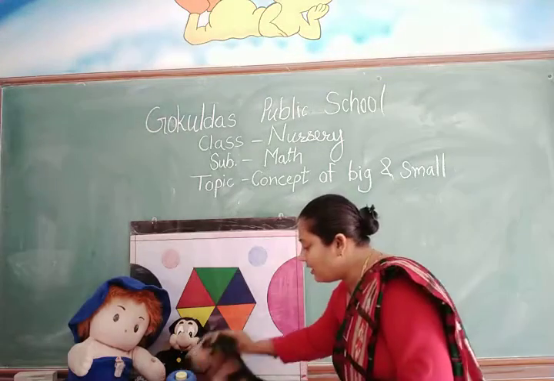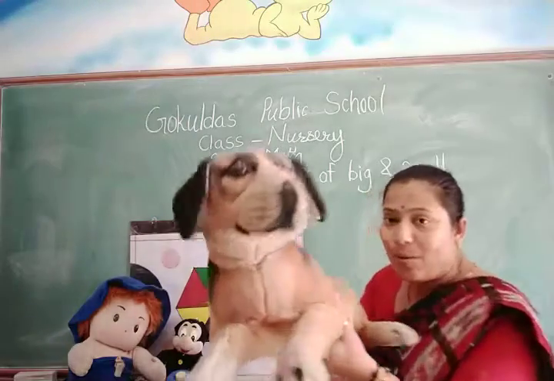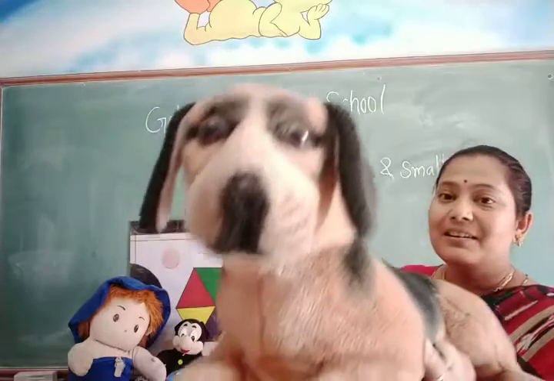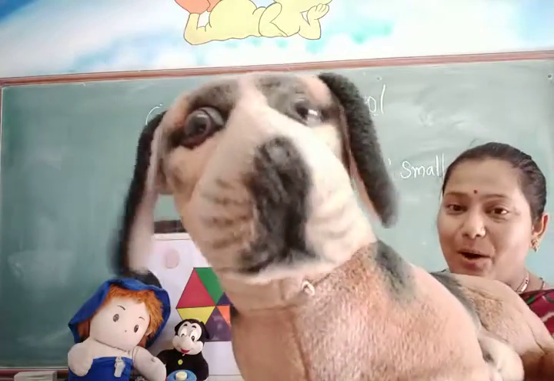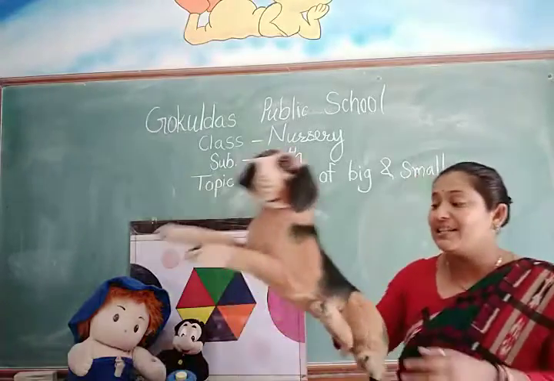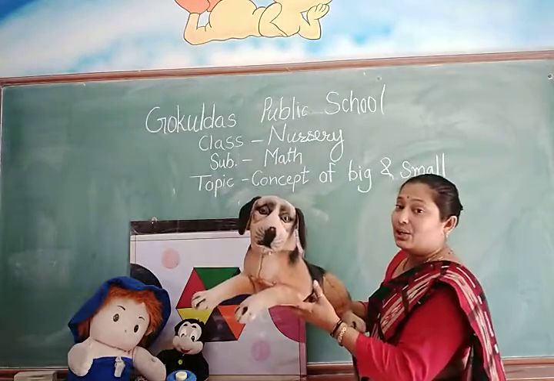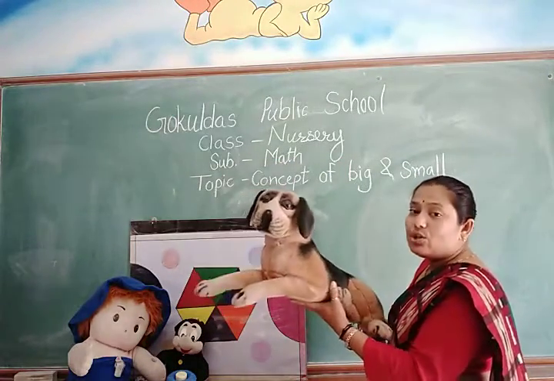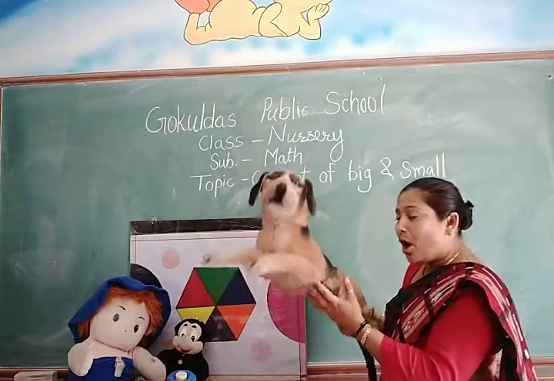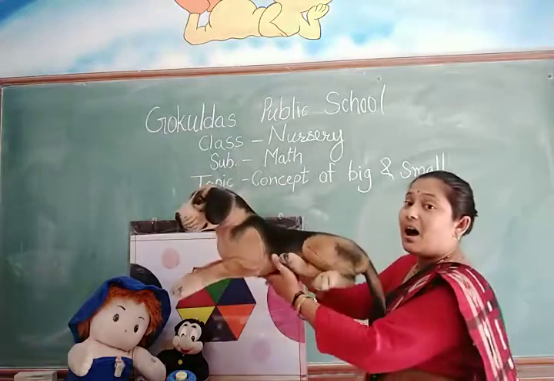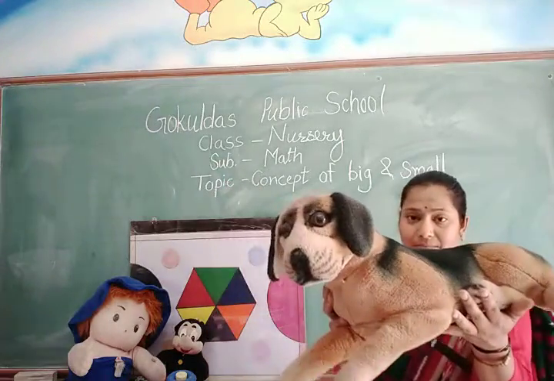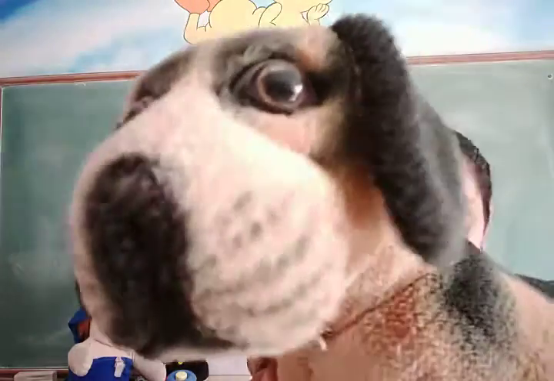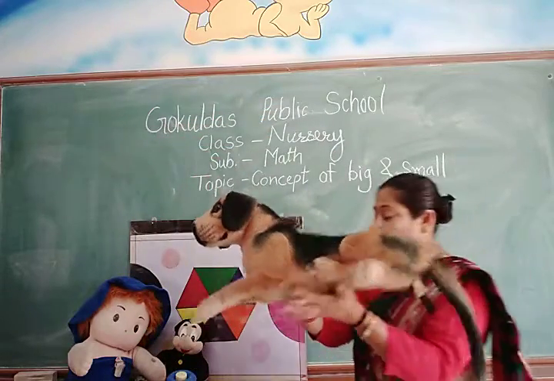And now our second object. Oh, you see here. Oh, doggy. Yes. Now this is a doggy. Dog, D-O-G, dog. This is a big dog. Big dog.